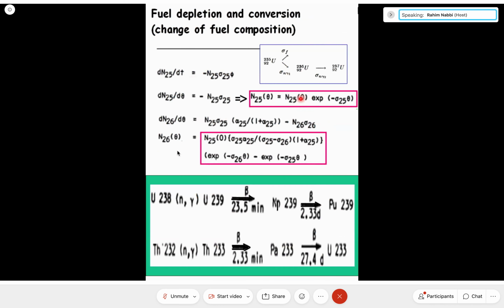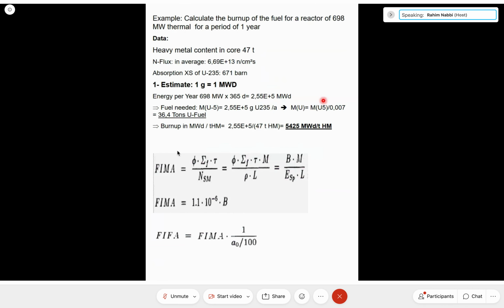On the left-hand side it would be delta, and on the right-hand side it would be 1 minus this exponential function.